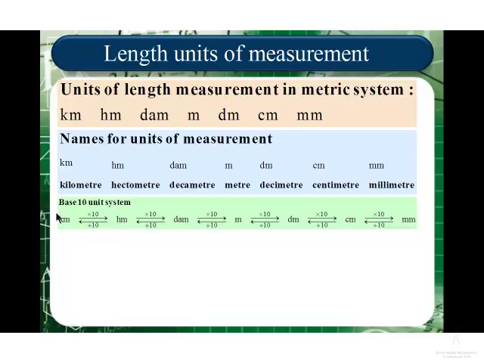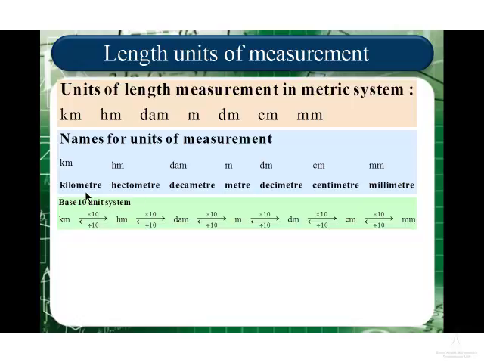Because a kilometer as a unit is 10 times greater than the hectometer, and so on. The hectometer is 10 times greater than a decameter, which is 10 times greater than a meter, and so on with respect to the decimeter, the centimeter, and the millimeter. So each is 10 times greater than the next if you move from the kilometer down to the millimeter.